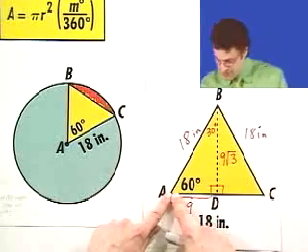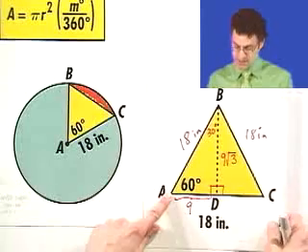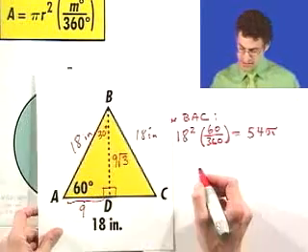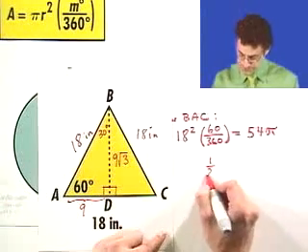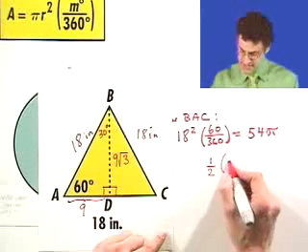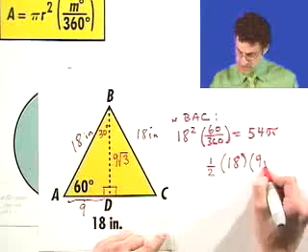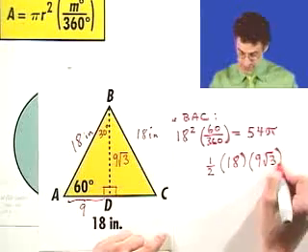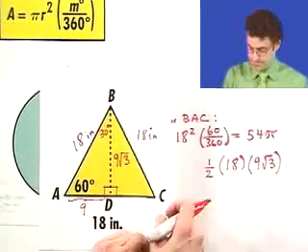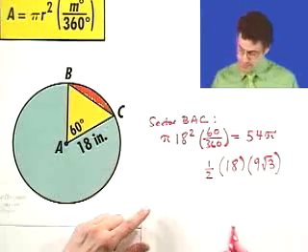It's going to be 1/2 base times height. So that's 1/2 the base, which is 18, times the height, which is 9 square root of 3. Okay? And so what do I want to do?